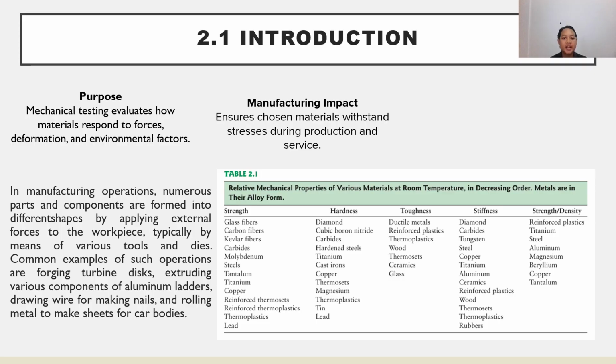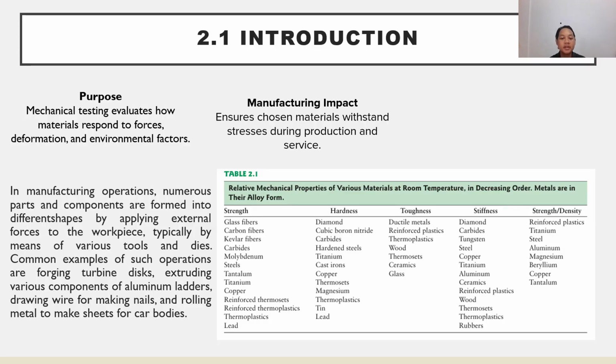And here we have Table 2.1, which lists materials in their alloy form and the relative mechanical properties of various materials at room temperature, in decreasing order. In strength, we have glass fibers, carbon fibers, and Kevlar fibers.